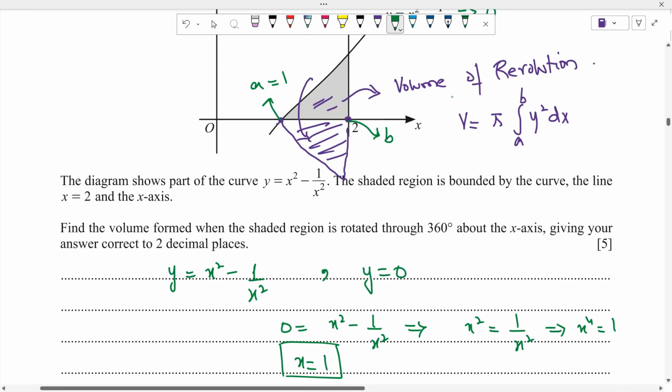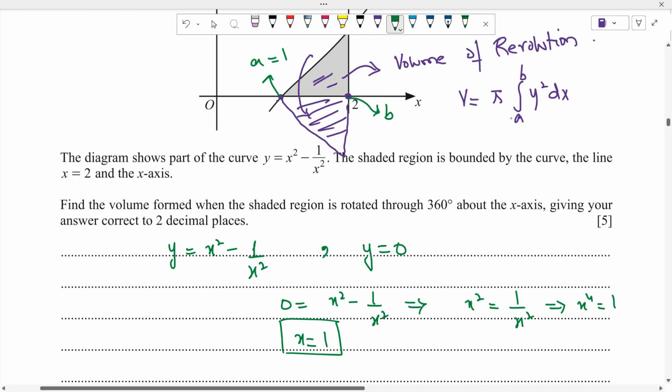Now we will use the formula, V equals pi integral of y squared dx with limits from a to b.